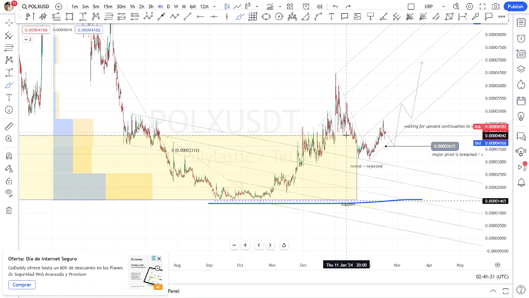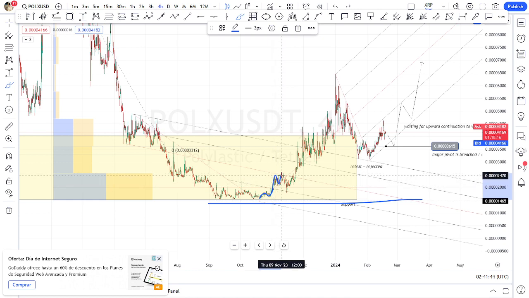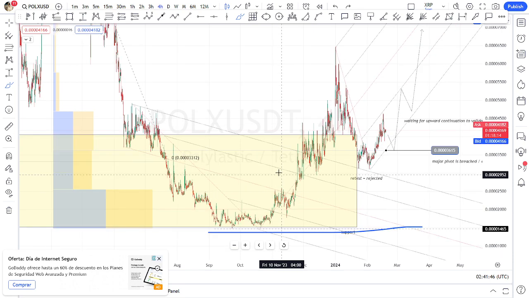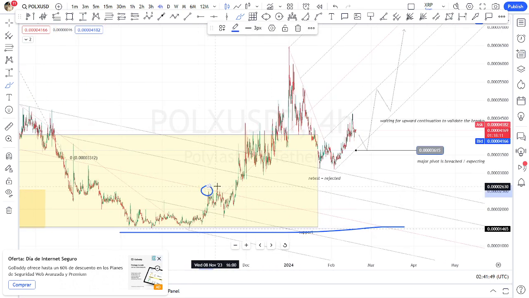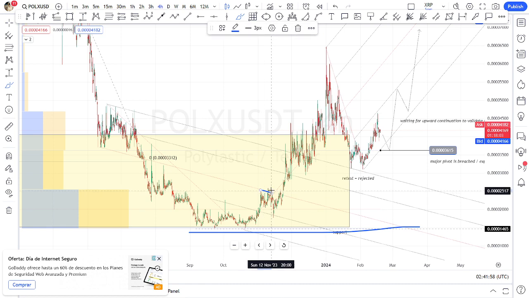Now what happened here is after I placed the Pitchfork, the price gradually increased its movement, and as you can see here, we have twice rejection, which is totally fine because this is the median line. So I'm expecting the price to react somewhere in this zone.